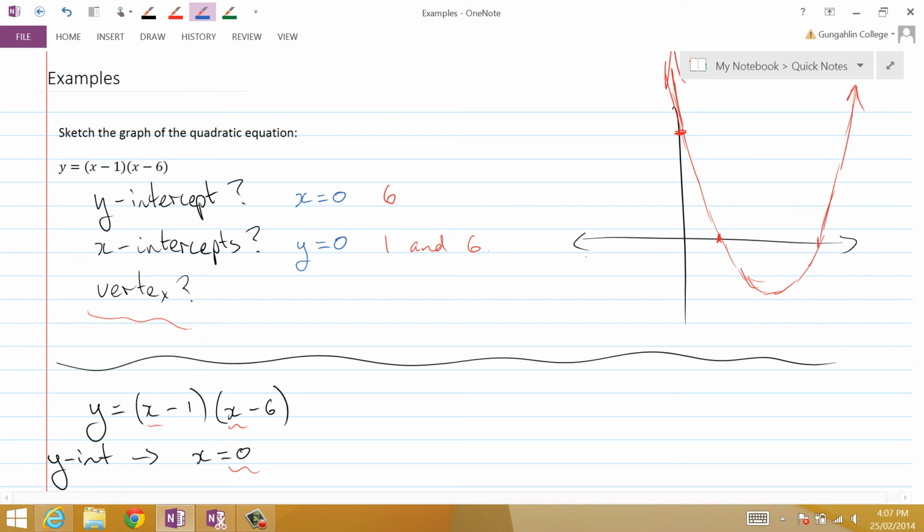The vertex is always the turning point of the parabola, so this place just here. And the vertex has to be halfway between the two intercepts. I've just found that my x-intercepts are 1 and 6, so we want to know what's halfway between those two numbers.